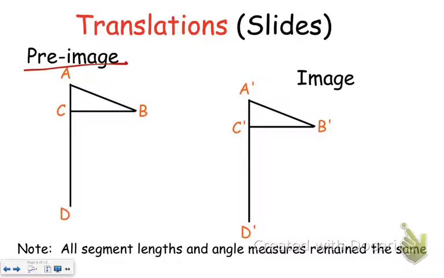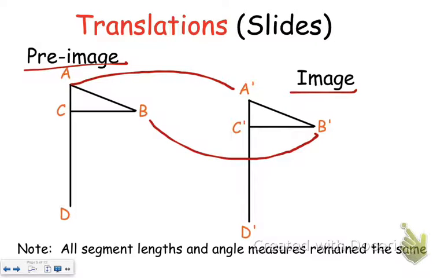On our new image, to say that this is the after, we have these apostrophes next to each of the corresponding letters from the pre-image. This is called a prime. So from A, we have translated to A prime. From B, we have translated to B prime.